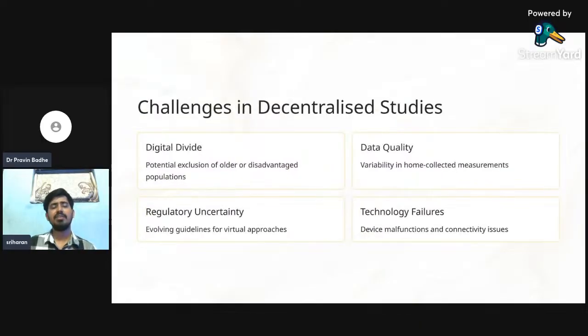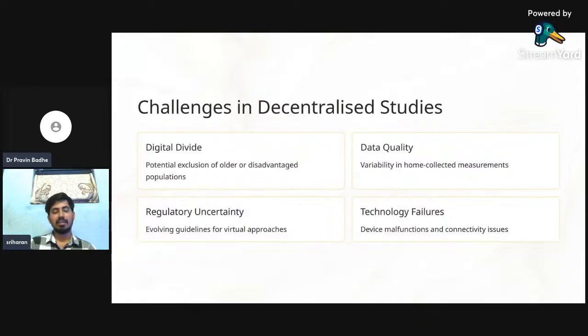Challenges. What are the major challenges? If network access is not in place. For example, elderly patients are not familiar with digital technology. So these are the disadvantages. And likewise, while doing home kit collection, the sample can be non-reactive.